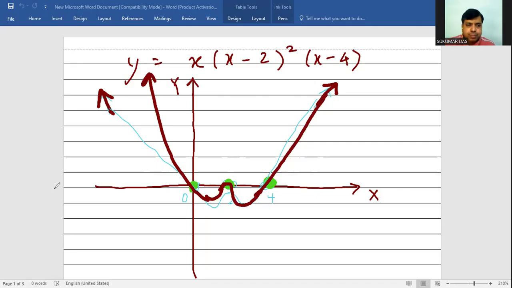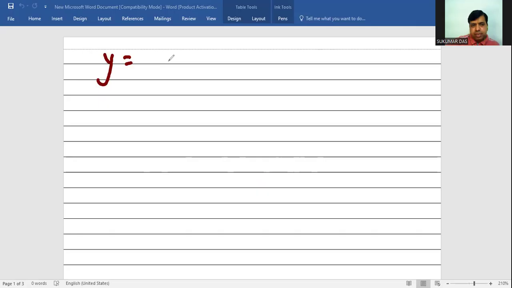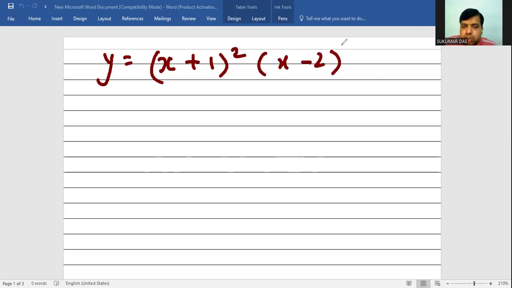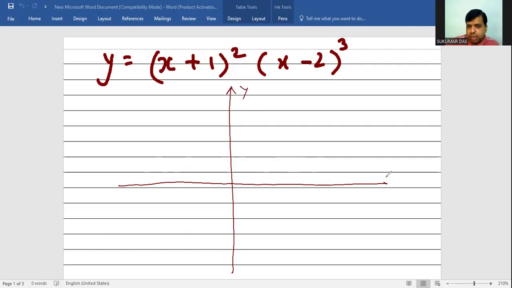Okay, good. Then this one. y is equal to, let's say, x plus 1 square x minus 2 cube. Just try to do this one. So I'm writing down this particular graph here. Try to draw this, y and this is x. So the leading coefficient is positive, and the degree is 5, so it's odd.